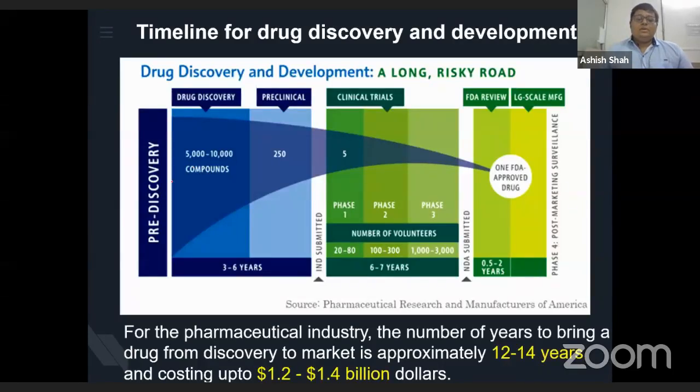You can see on the diagram, for example, you start with 5,000 compounds. Nowadays you should start with billions of compounds and screen down to 1,000 compounds after drug discovery, and for preclinical only 250 molecules.